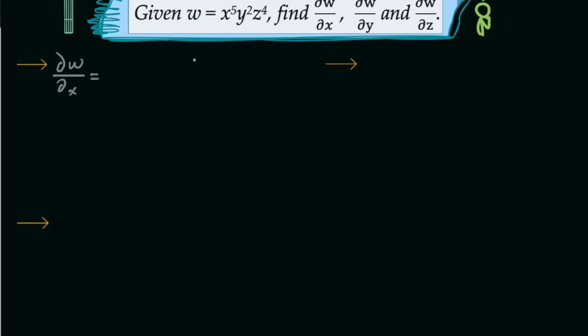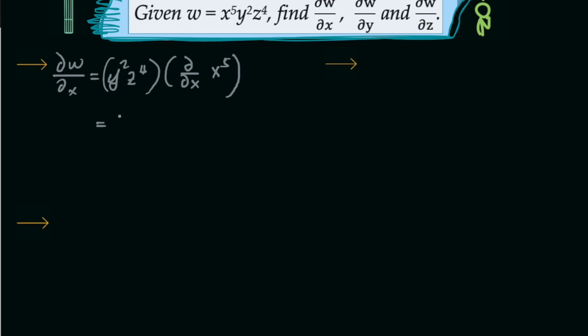When we are differentiating with respect to x, we'll be holding y squared and z to the 4th as constant. So we'll write y squared z to the 4th, and then we'll find the partial with respect to x of x to the 5th power.